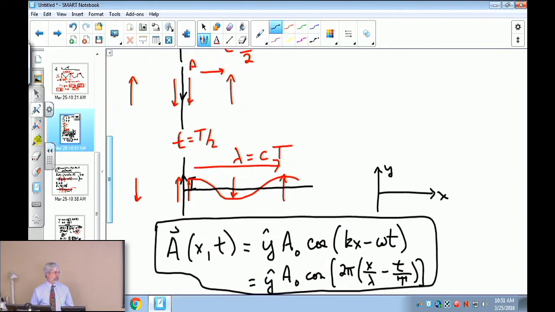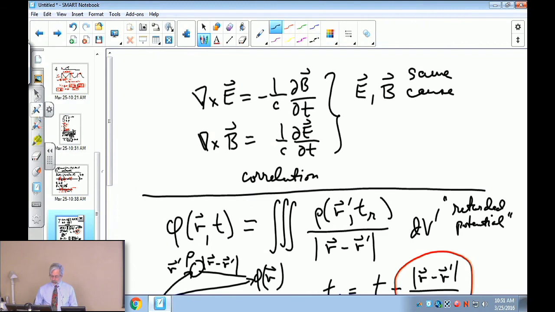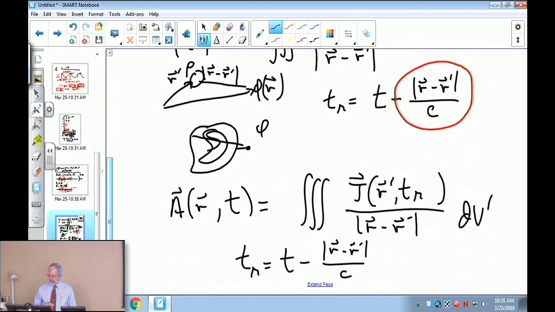I'm just taking into account the propagation, and so that's really all that's contained in this. And before we had the static case, when we did magnetostatics, we said we didn't want the current changing. So the propagation wasn't relevant because it had been there for a long time. Things weren't changing, and so we could neglect that delay, that retardation. So we had this equation in the magnetostatics chapter where we neglected the retardation.